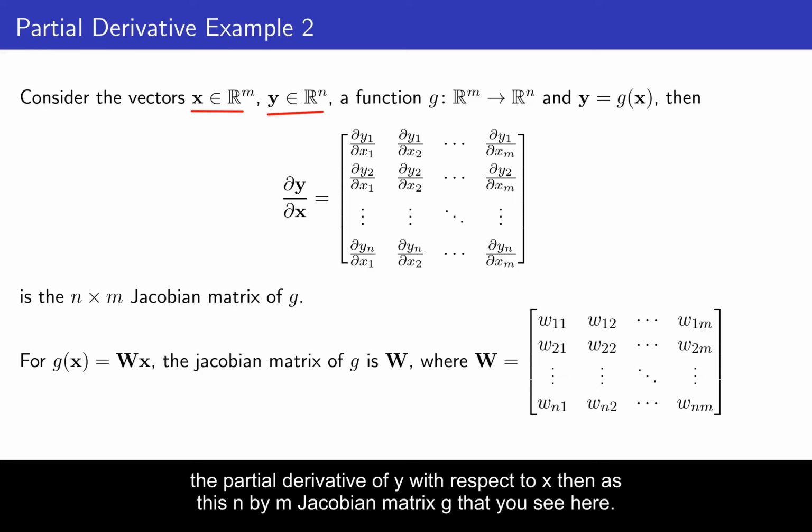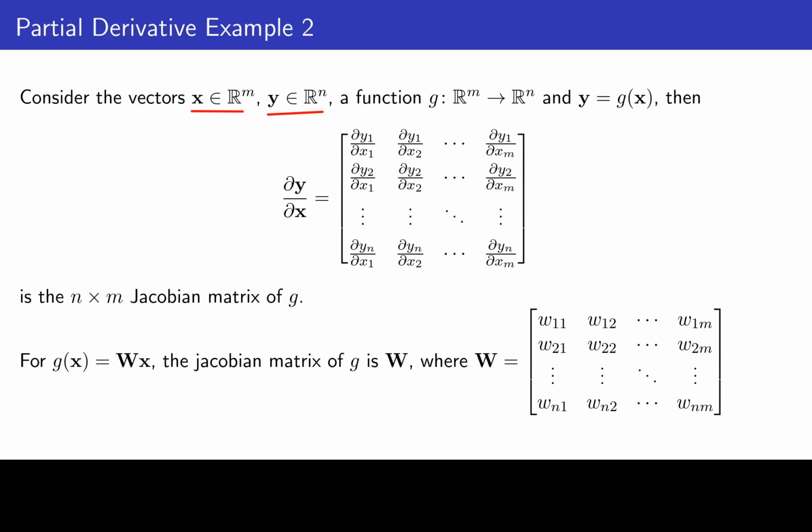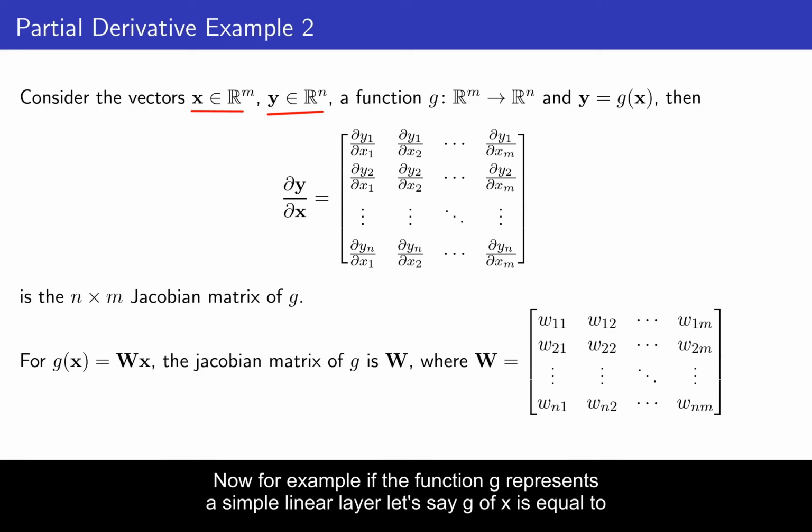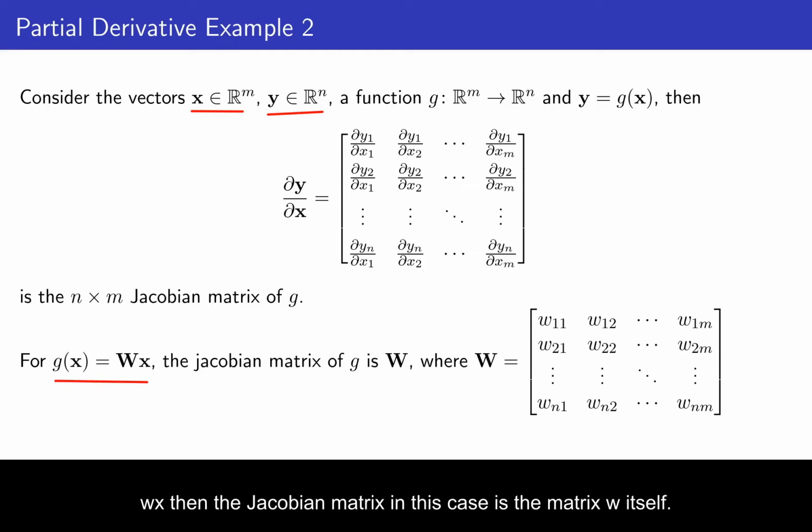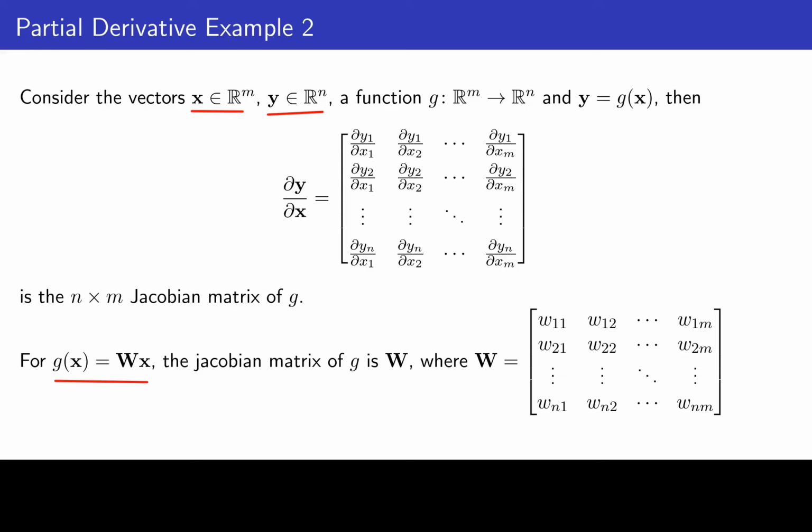Then we can write the partial derivative of y with respect to x as this n by m Jacobian matrix G that you see here. Now, for example, if the function g represents a simple linear layer, let's say g of x is equal to Wx, then the Jacobian matrix in this case is the matrix W itself.